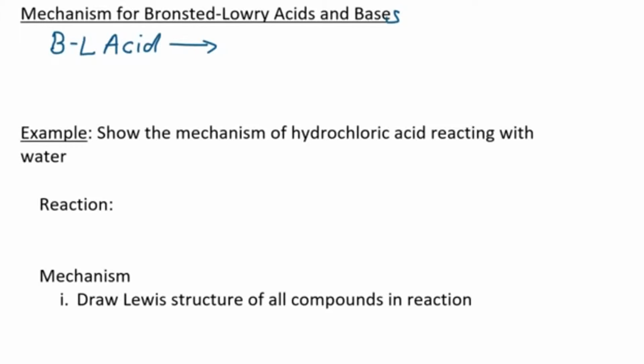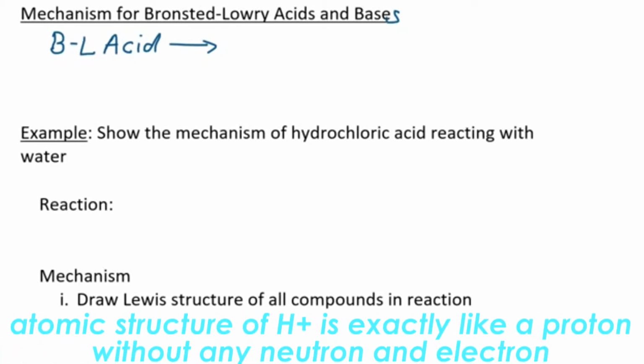Be aware of that. That is a huge difference between a Bronsted-Lowry acid and the other one that we're going to dive into, which is a Lewis acid. A Lewis acid deals with electrons, however a Bronsted-Lowry acid deals with protons. So in this case, we are focusing on the most important, which is a proton donor.